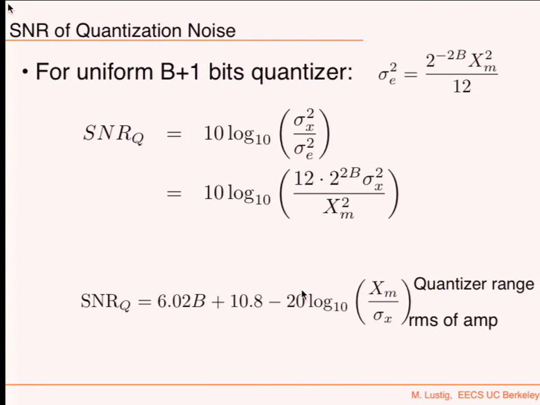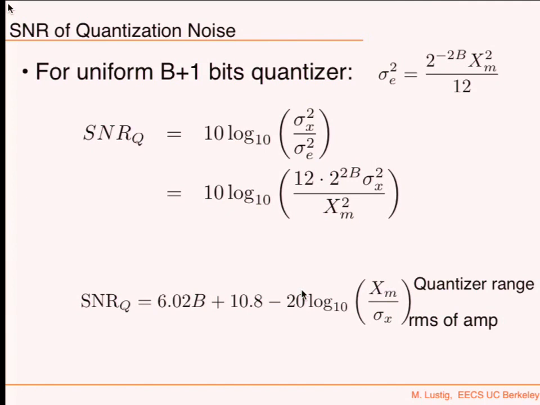I need to scale my signal before I go to ADC to the maximum dynamic range of the ADC. Okay? So if my signal is too small in amplitude, that's going to hurt me when I digitize it.